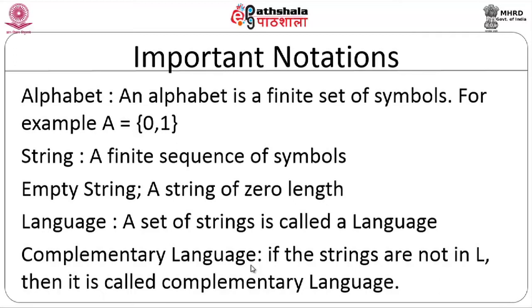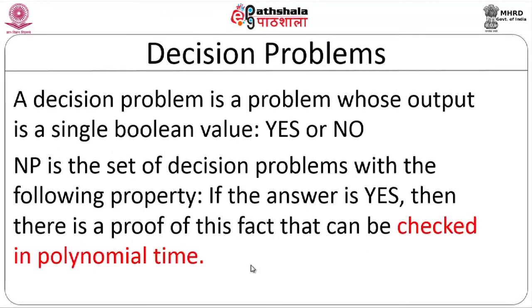We can call this set a language. A complementary language is a language where, if the strings are not present in L, then we can call that a complementary language.